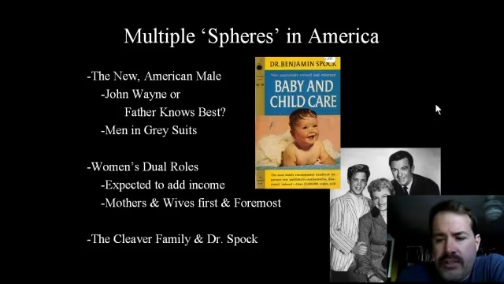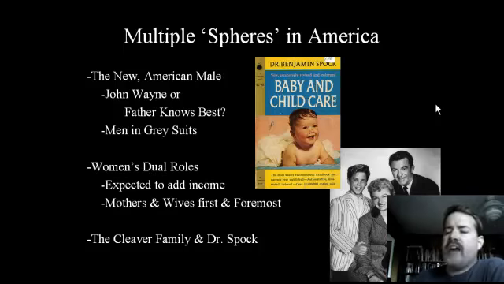The women are also expected to be active in the community, part of the PTA, den mothers for Boy Scouts, church groups. However, first and foremost, they're supposed to be mothers and wives. They're supposed to have the house ready, so when the man comes home, dinner is ready.